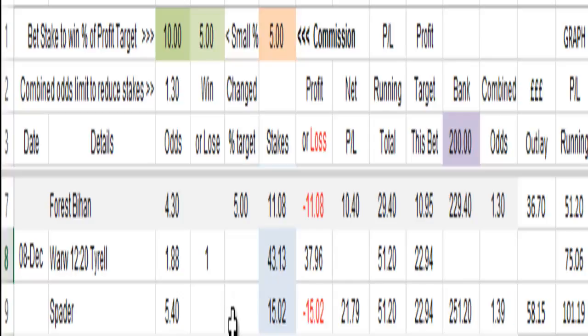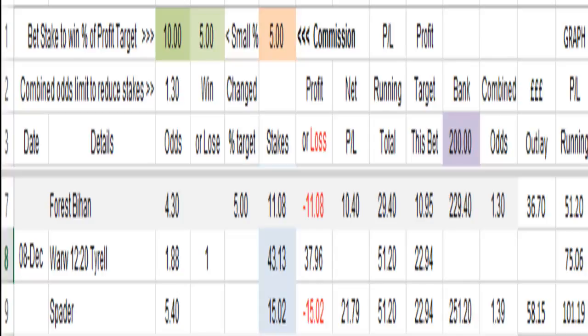Now the total was 229, so the 10% we want is about 22.9. After the 5%, it left us with a profit of 21.79. That gets added onto the running total and becomes 251.20. Then I make my next bet.